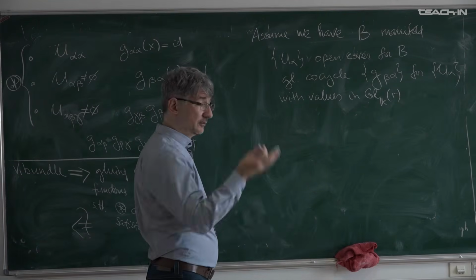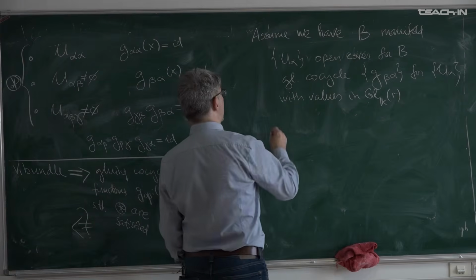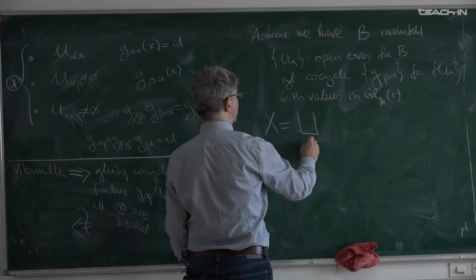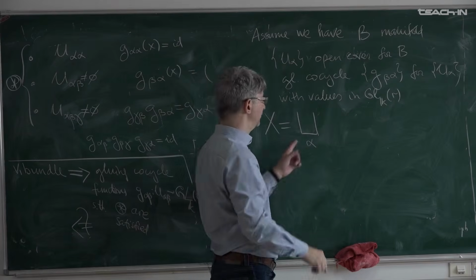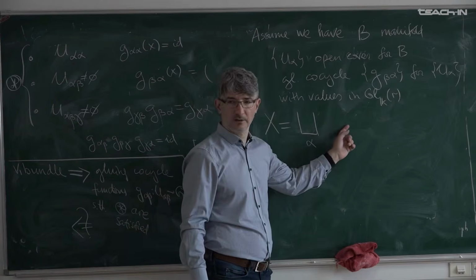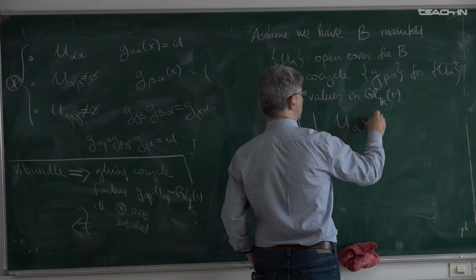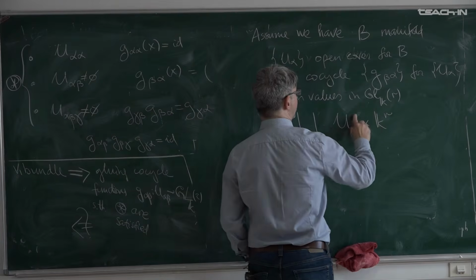Now we construct the total space. Consider the space X, which looks like a disjoint union, meaning the pieces I write here are non-intersecting: U_alpha cross k to the power of r.